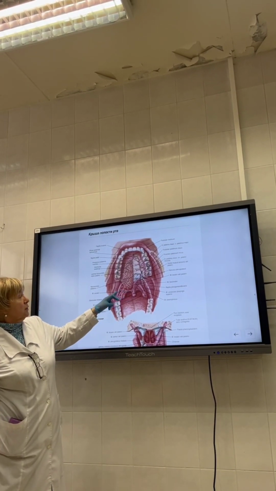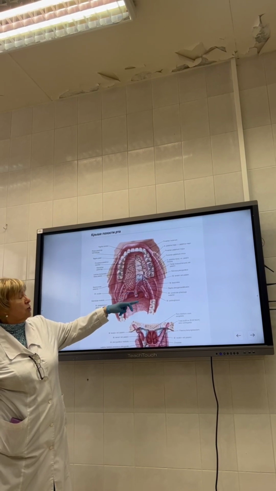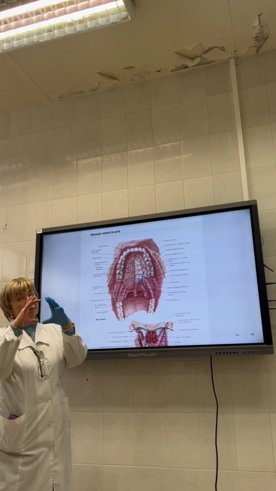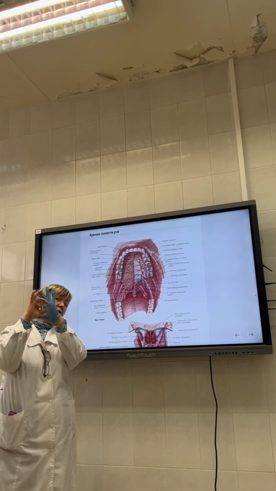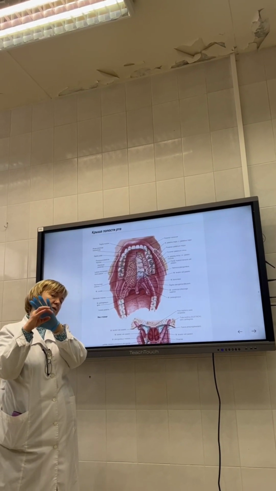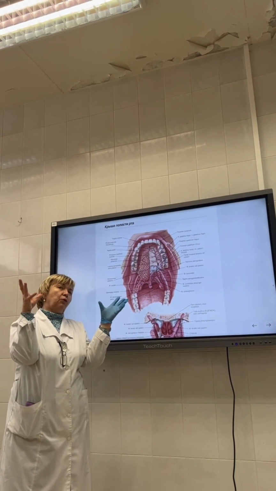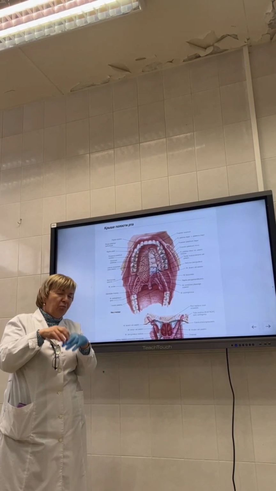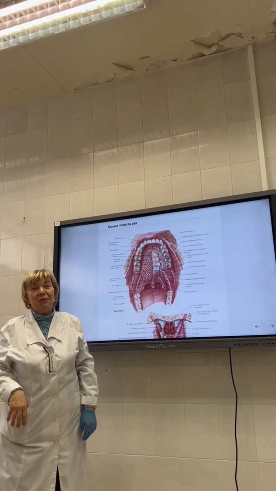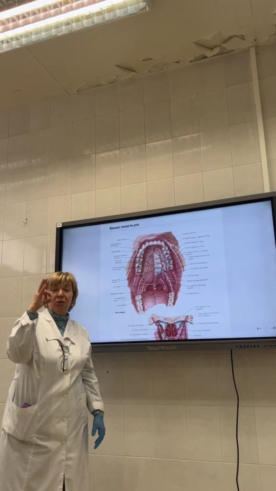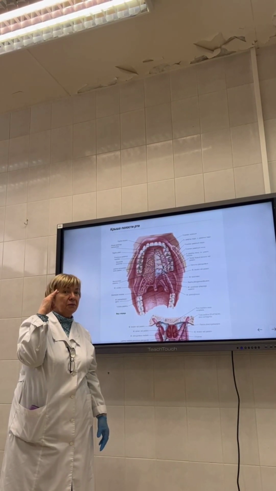Then muscles which are located in the arches narrow the fauces. Thus not the whole bolus passes to the pharynx, but only a piece of it.